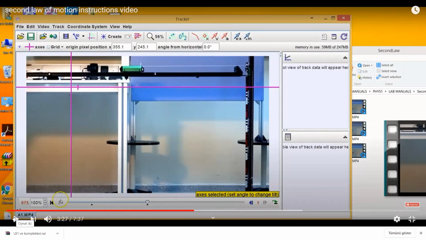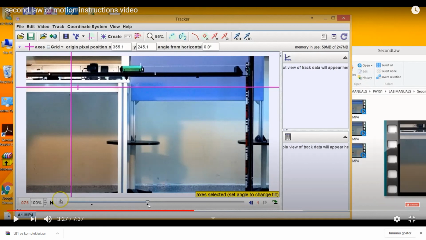Before doing this, we'll decide on the region where we will make measurements. We will start to collect data as soon as the cart starts to move and finish when the tension in the rope decreases to zero. At the time the hanging mass falls down, the tension in the rope will decrease to zero.